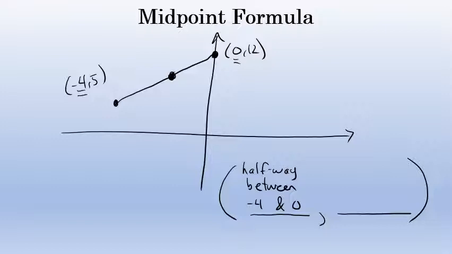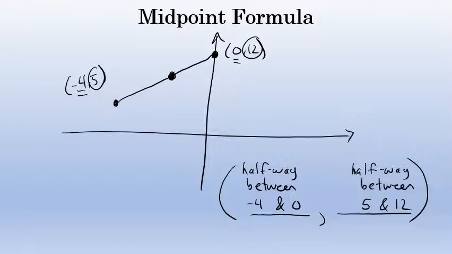And the y-coordinate of the midpoint will simply be halfway between 5 and 12. This ordered pair, whose x-coordinate is halfway between -4 and 0, and whose y-coordinate is halfway between 5 and 12, is the midpoint of this line segment.